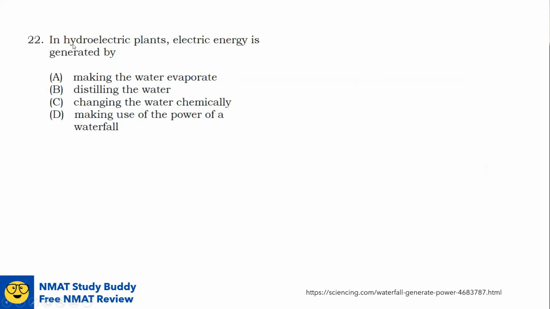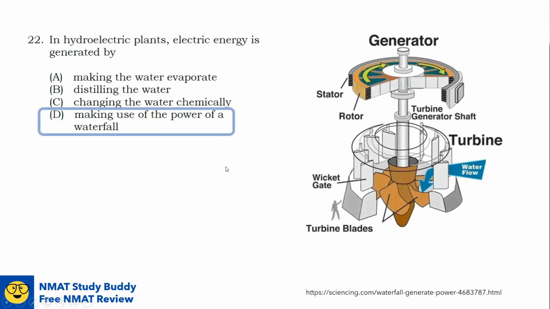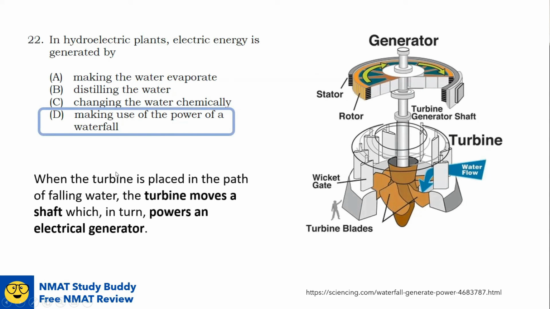Number 22, in hydroelectric plants, electric energy is generated by letter D, making use of the power of a waterfall. So, syempre, gagamit tayo ng turbine and generator. When the turbine is placed in the path of falling water, the turbine moves a shaft, which in turn powers an electrical generator.